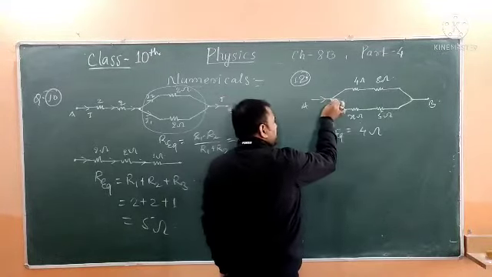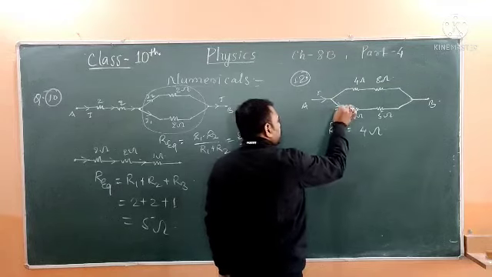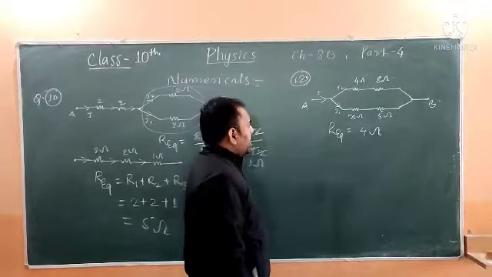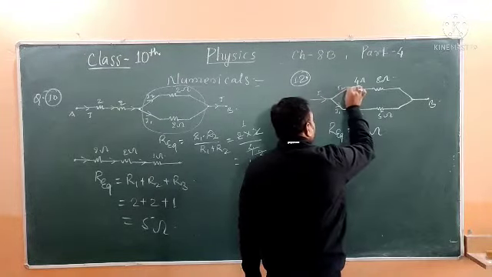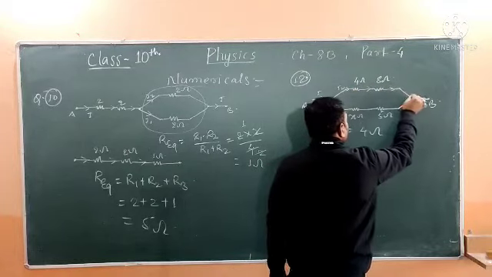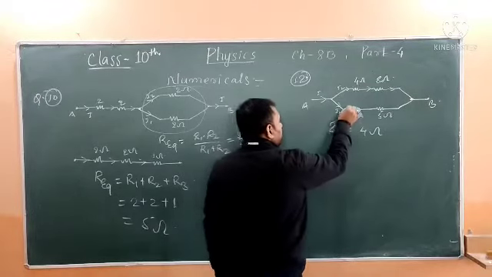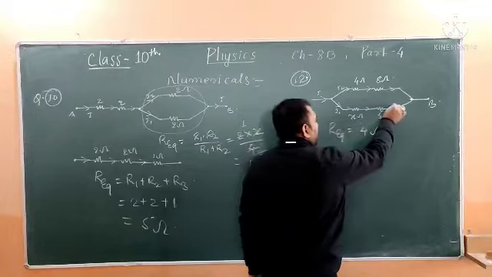From here, if current moves, it will be distributed in two parts, I1 and I2. I2 will move through the 4 ohm and 8 ohm. I1 will move through X and 5.